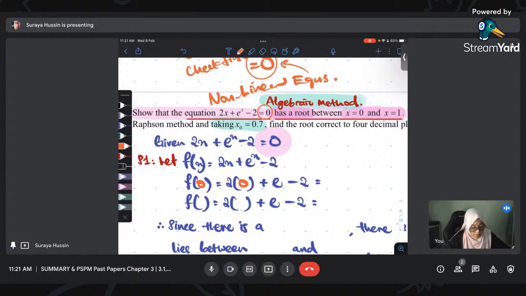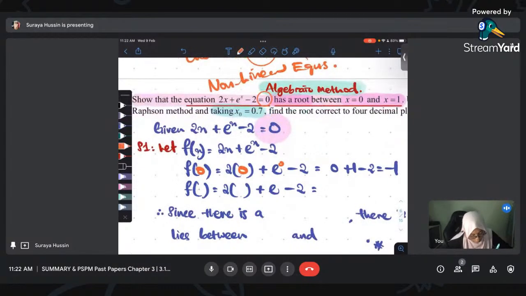Okay, let us masukkan 0 ke dalam setiap x dekat situ. And then you will get exponent, you will get 0 plus 1 minus 2, which is negative 1 lah.